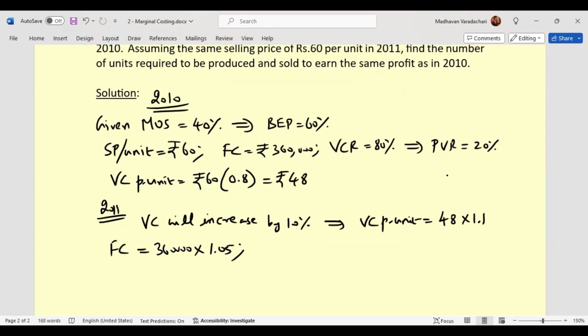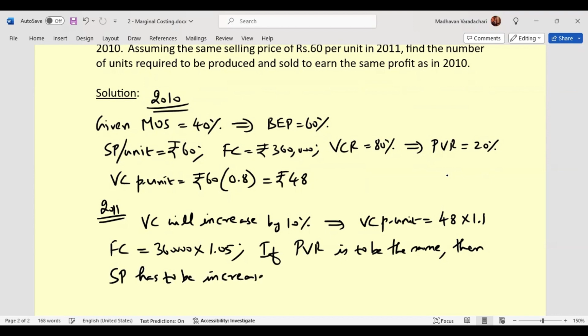If the PV ratio is to be the same, but there is an increase in the variable cost, then the selling price has to be increased by 10%, which means our selling price should be rupees 60 into 1.1, which will become rupees 66 per unit.